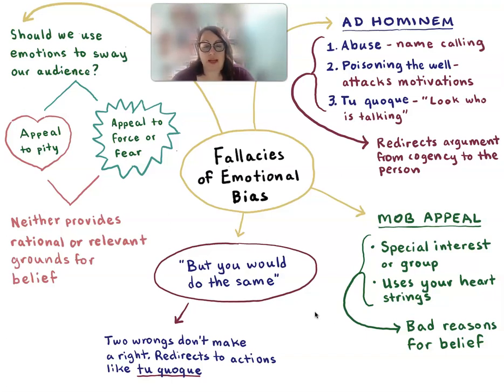It could be bringing up all kinds of different things. But what it's trying to do is to get you to believe on the basis of a feeling. So with pity, it's not providing reasonable, rational, relevant grounds for belief.